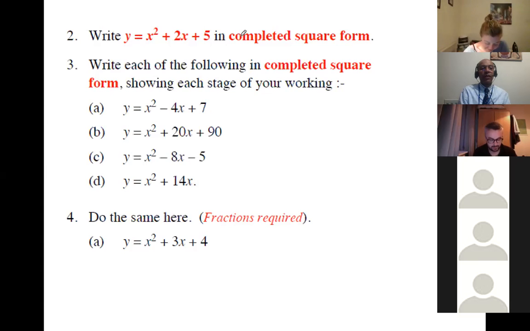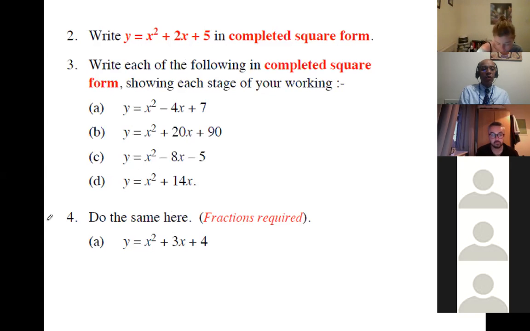Okay, so I've got a few questions just to practice this. So the exercise 2 and 3 is very much like what we've done so far, completing the square. The number 4 is a bit harder. So maybe what we'll do is, you're going to do these as homework so that we don't spend too much time.